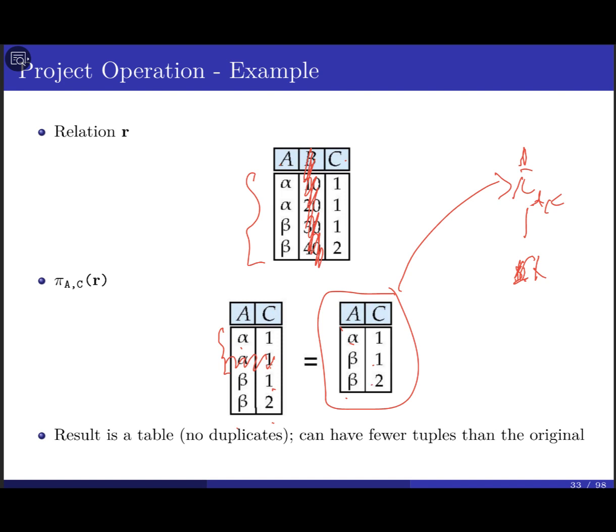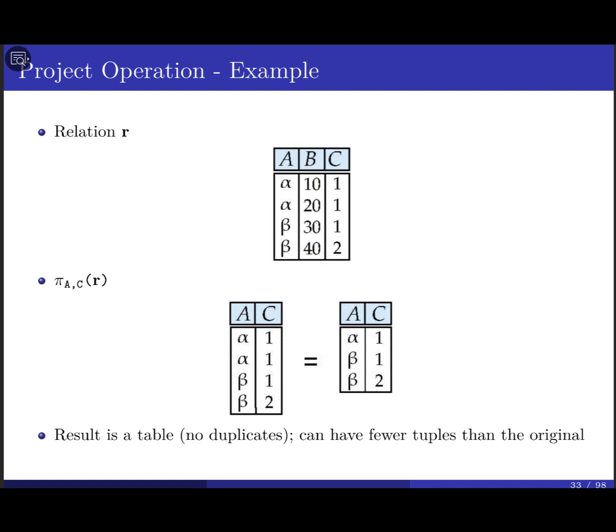Okay, how about another example? What if I project C and A for the relation R? What's the result going to be? You can change the order: you can specify the order.